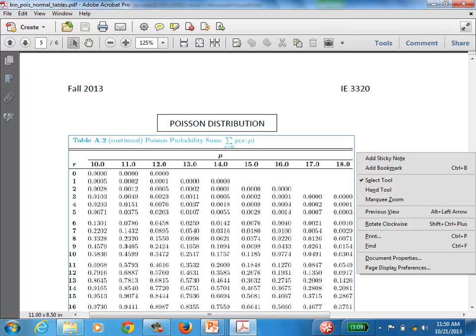So this is cumulative. If you want to find the probability of x being equal to 5, that will be P of x equal to 5. From the table, it is the probability of x being less than or equal to 5 minus the probability of x less than or equal to 4. And for this problem, this is 0.0671 minus 0.0293.